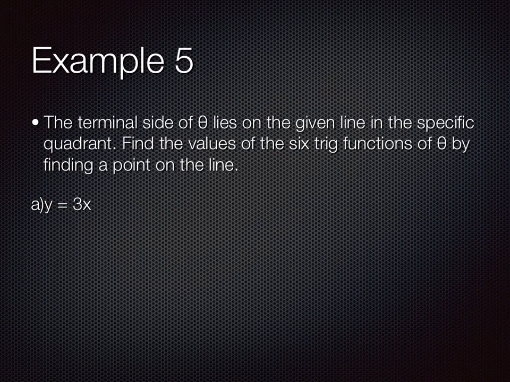All right, example 5 says the terminal side of theta lies on the given line in the specific quadrant. Find the values of the 6 trig functions of theta by finding a point on the line. So I now have a line, y equals 3x, okay? If I were to plot this line on my coordinate grid, how do I graph that?